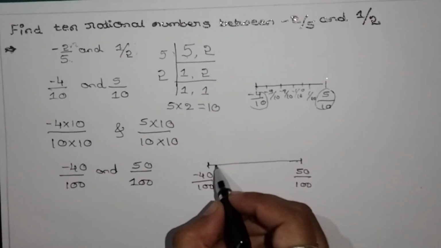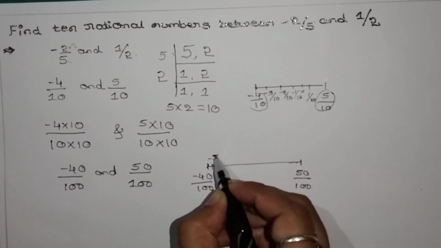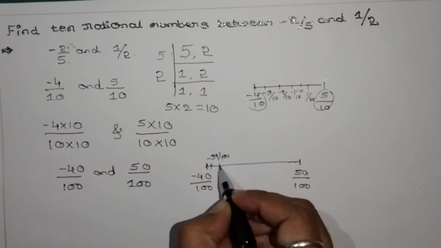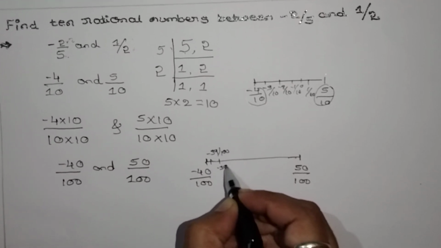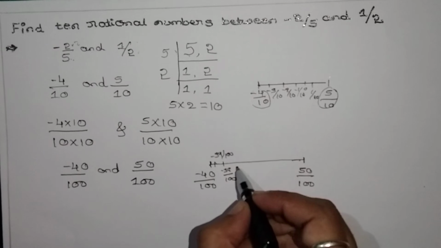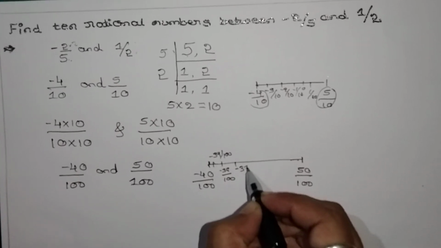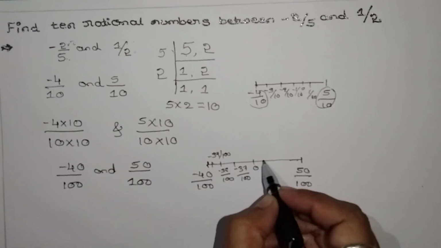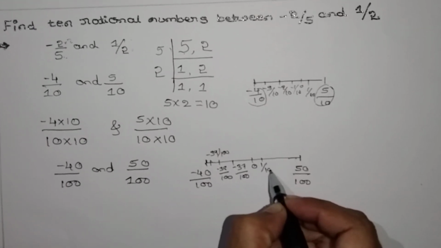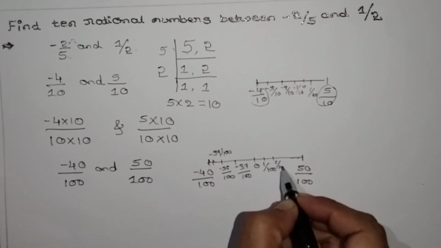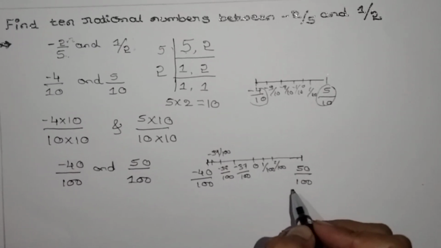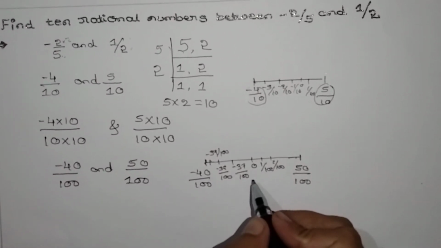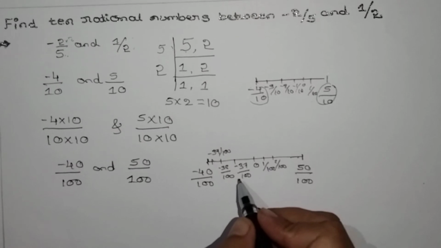In between we have -39 by 100, -38 by 100, -37 by 100, like this up to 0, and then positive numbers 1 by 100, 2 by 100, up to 50 by 100. So here we can find the 10 rational numbers very easily.